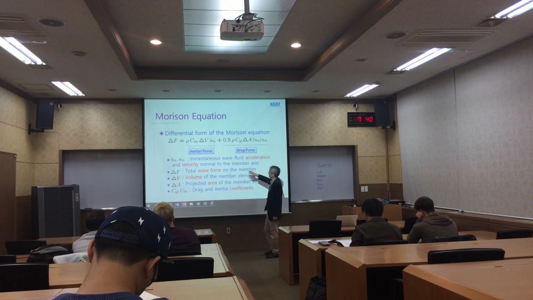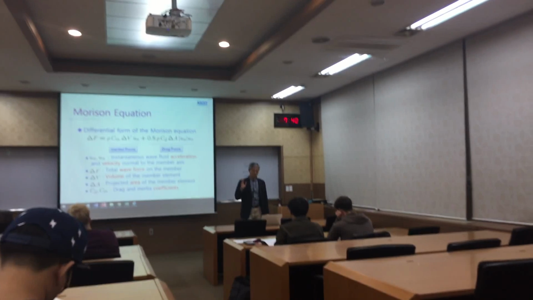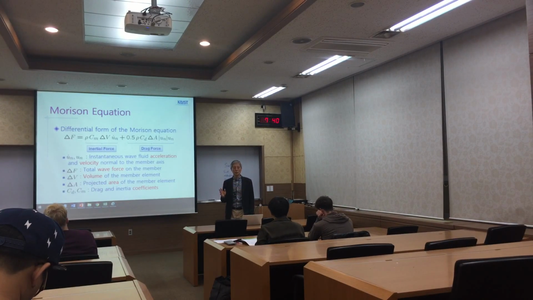Total wave forces are calculated based on the volume of the member element, the projected area of the member element, and the drag coefficient. So anyway, there is an equation you can use for wave load calculation. And the design wave comes from a 100-year frequency that comes from a table. Right?